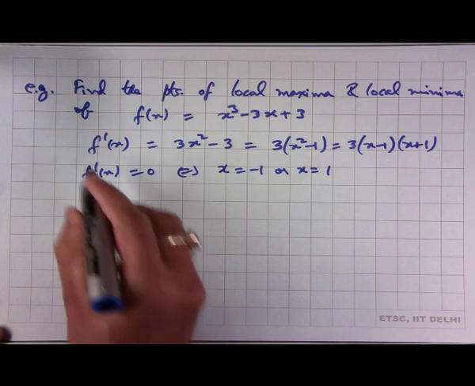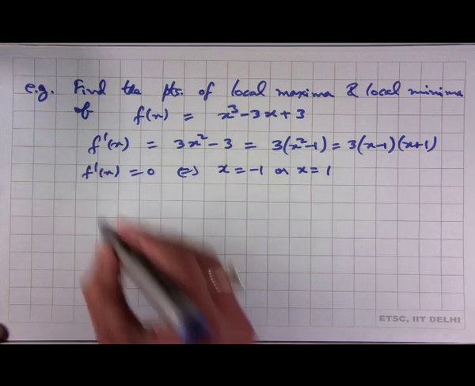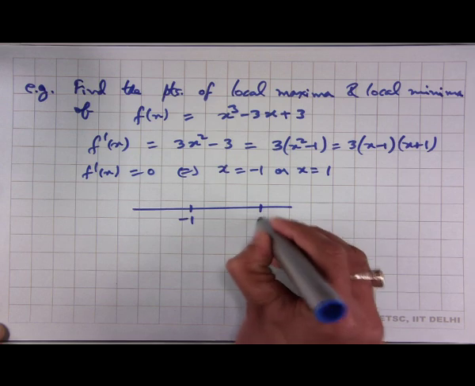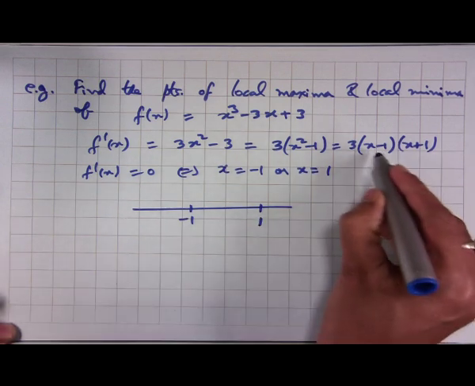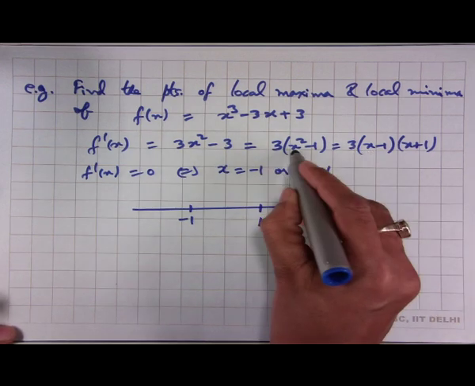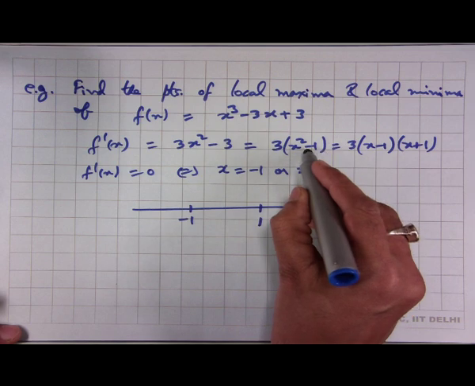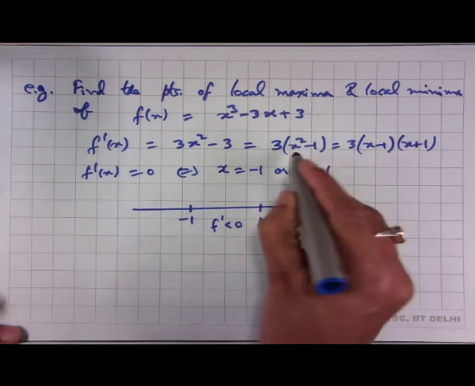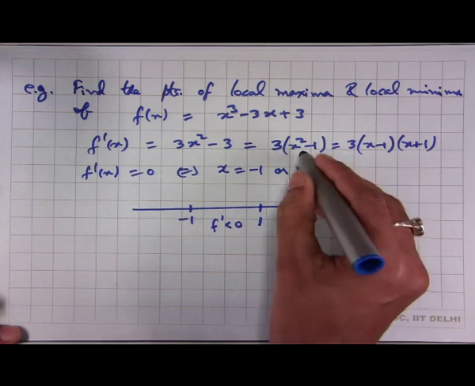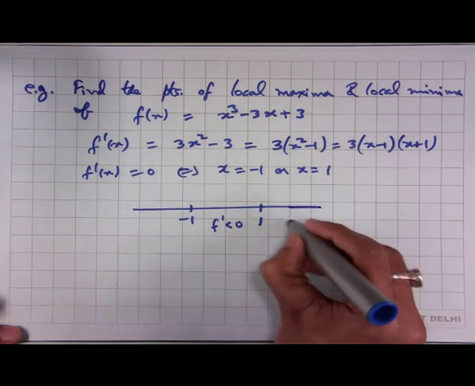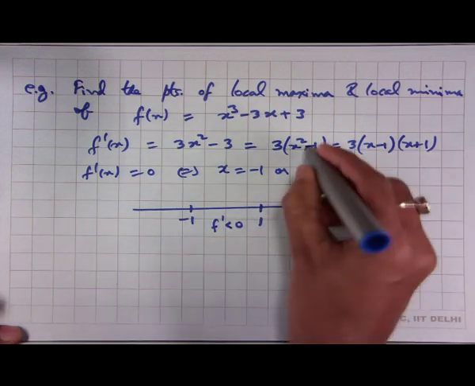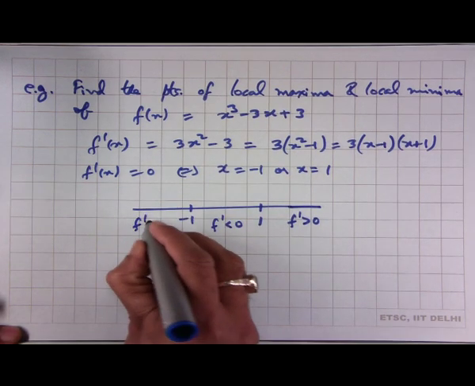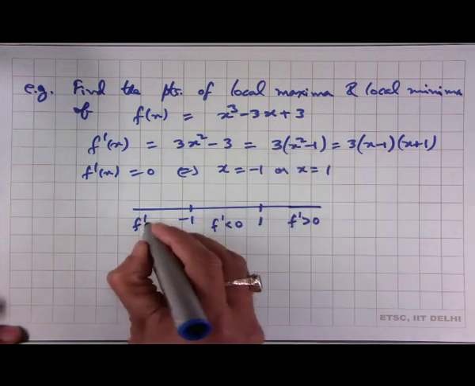And then we see the sign of f prime x. We have critical points minus 1 and 1, and then we see that f prime x, that is x square minus 1, is negative if x is between minus 1 and 1. If x is greater than 1, then f prime x is positive, and also if x is less than minus 1, then f prime x, equal to x square minus 1 times 3, is positive.